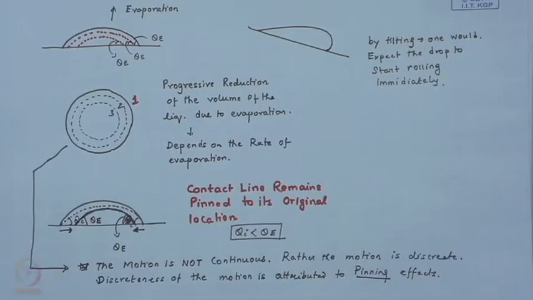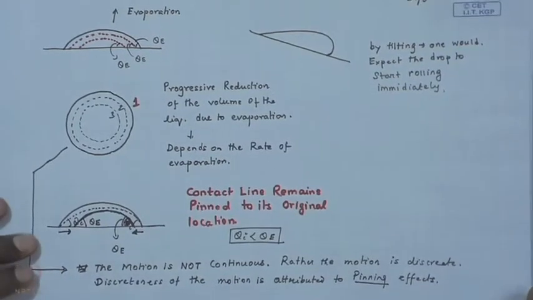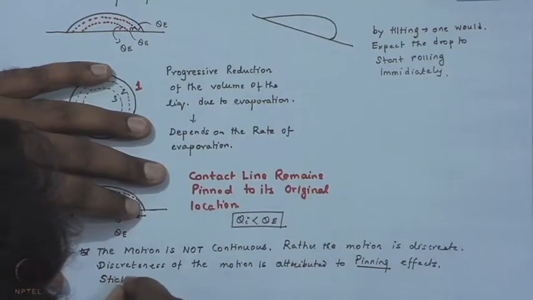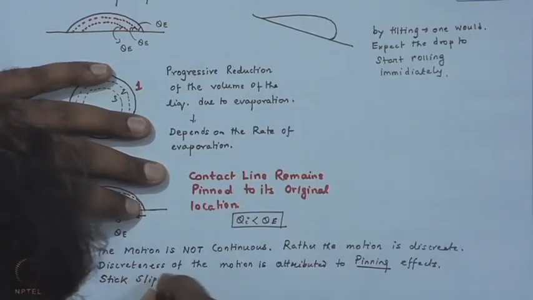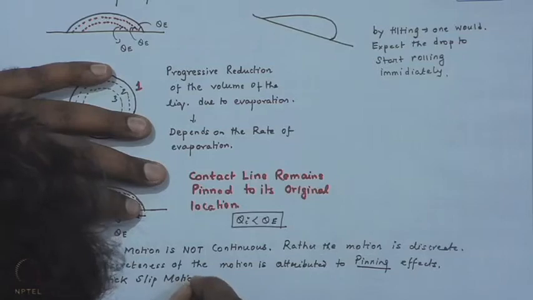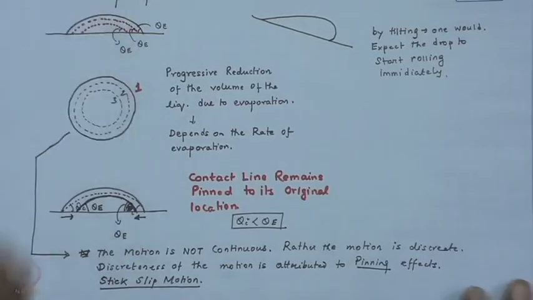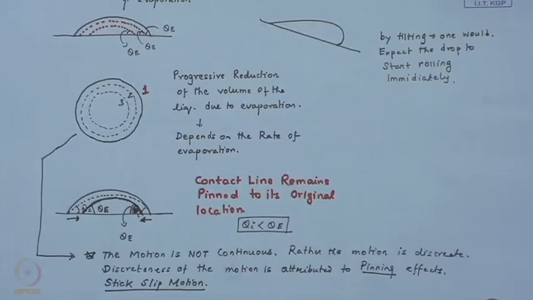This type of discrete motion is often referred to as the stick slip motion. In this course probably I will not go to any greater detail with stick slip motion, but this is a very interesting class of motion.